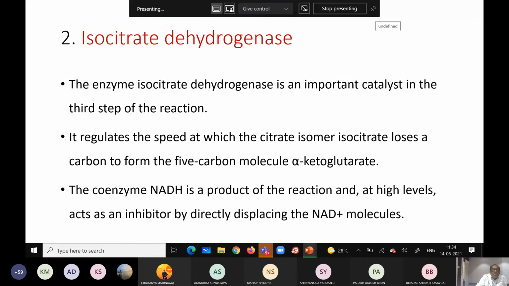The second one is isocitrate dehydrogenase. It regulates the speed at which citrate isomer isocitrate loses a carbon to form the 5 carbon molecule, that is alpha ketoglutarate. Here NADH is the product of the reaction, and when more of this NADH is formed, isocitrate dehydrogenase is inhibited, and it displaces the NAD molecules, which means it stops the reaction there.